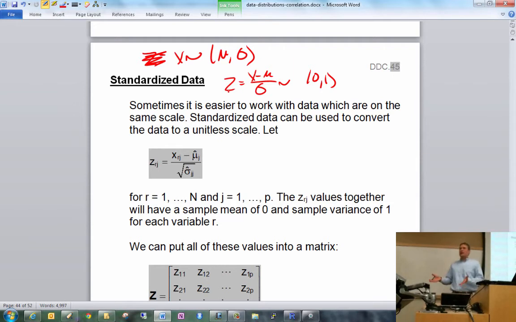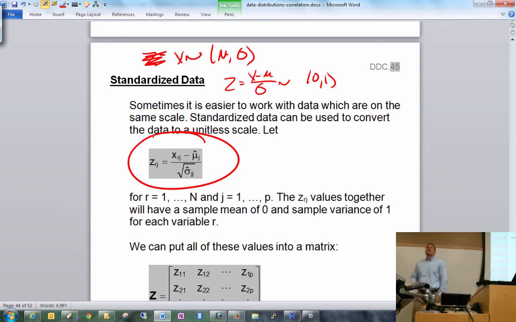Now, with your actual sample itself, suppose you want your particular variable in your sample to have a sample mean of 0 and a sample standard deviation of 1. Well, what would you do? Well, that's what we have here. Some people might call this a z-score, for example, in a class that you've had before, where you take your x.